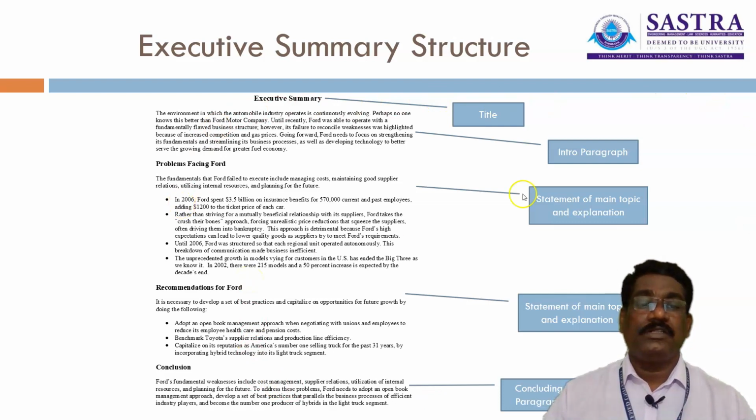These are the important component elements that should be reflected in your executive summary. It varies a little for different types of research reports. Clear? A title, intro paragraph, statement of main topic and explanation, and concluding paragraph.